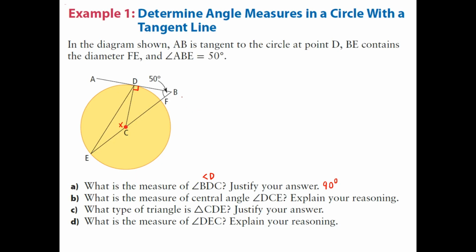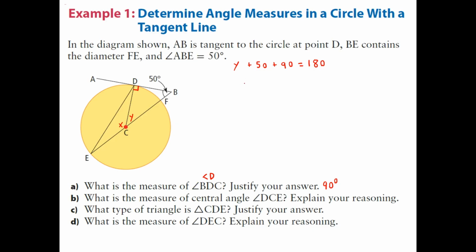In this method, you have to recall one thing: the angles in a triangle all add up to 180 degrees. Right now, I know two angles in my triangle, and I just don't know this angle here, so I'm going to call it angle Y. I want to find Y to help me find angle X. If I add Y to 50 degrees and to 90 degrees, it should equal 180 degrees, because angles in a triangle add up to 180 degrees.